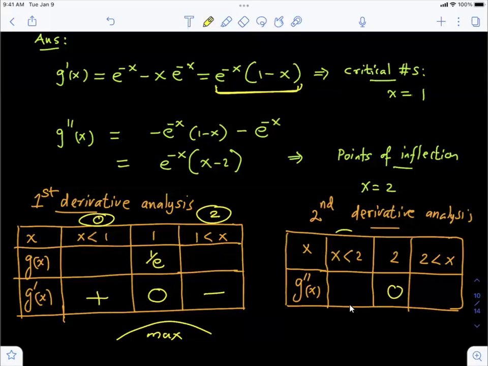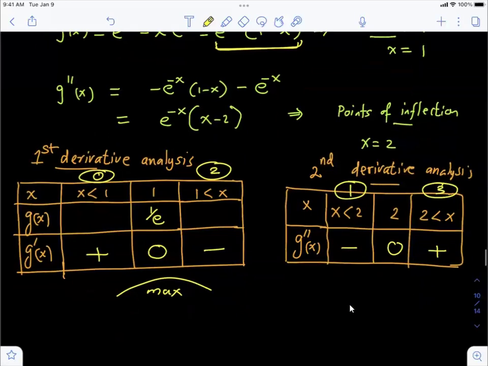And then when you plug in a value from the left interval, let's plug in 1, you can see the second derivative is negative, and then plug in a value here, let's say x equals 3. When you plug it in, you can see this becomes positive. The first one becomes positive.